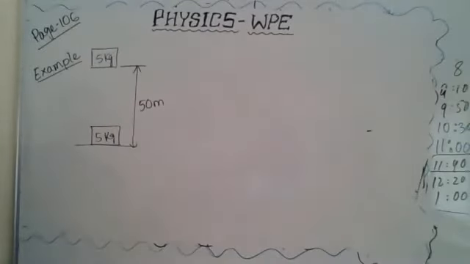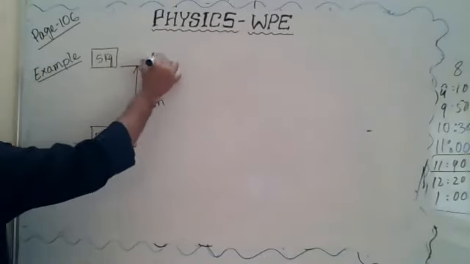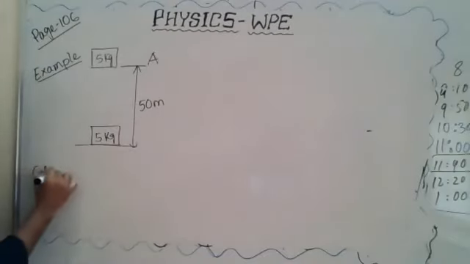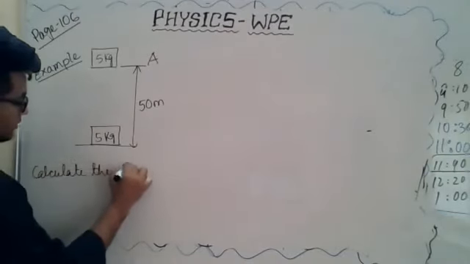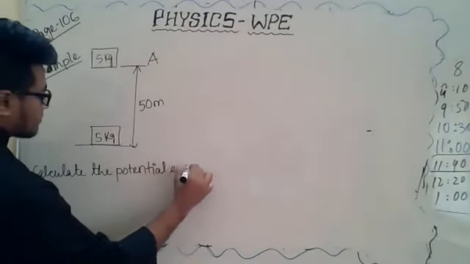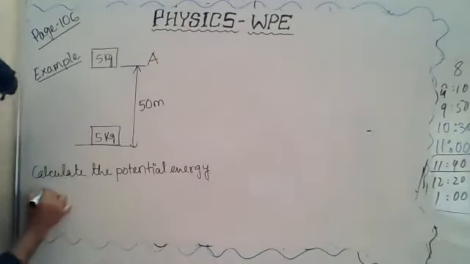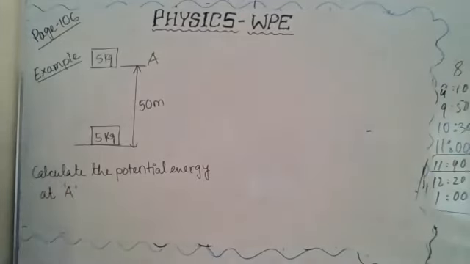Let us say this is the position A. Now calculate the potential energy at A. Kindly start solving this one and let me know the answer. Let's see who can tell me the answer the fastest.